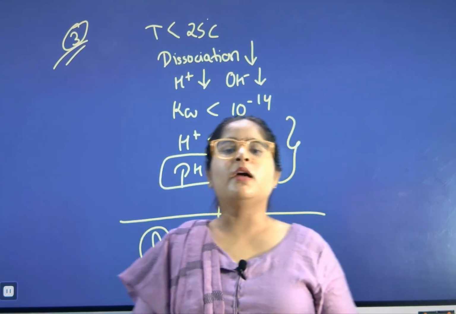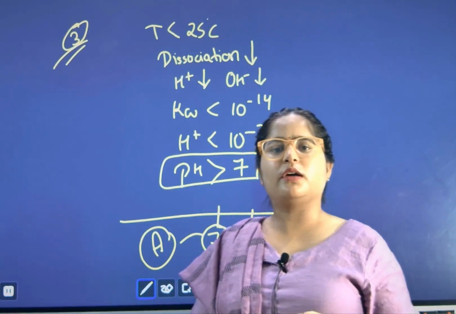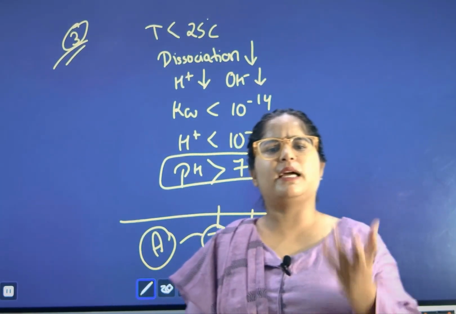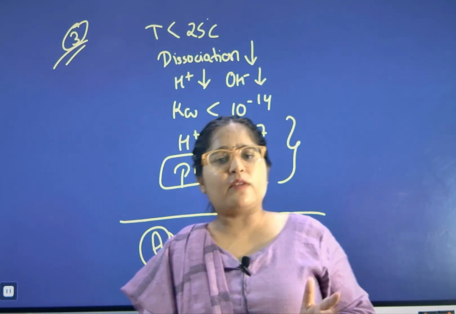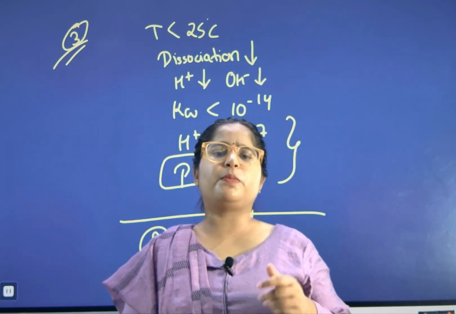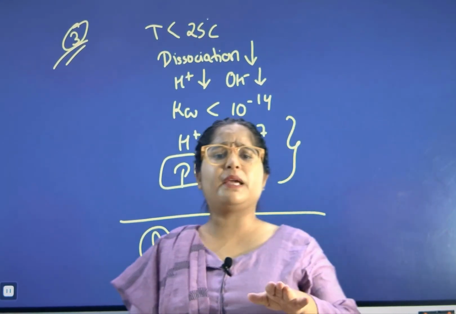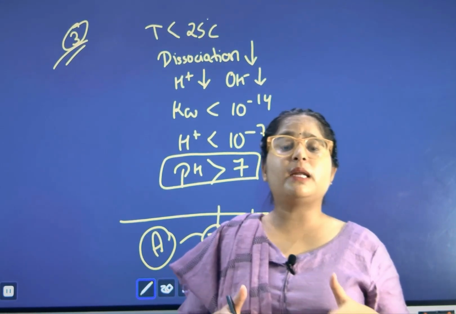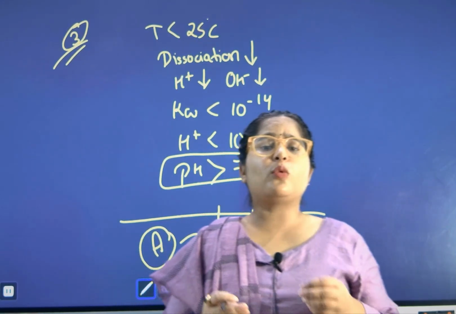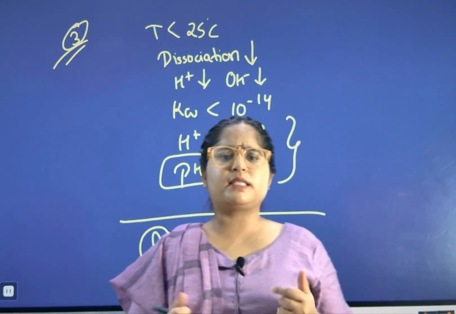When we increase the temperature, Kw increased, H+ increased, so pH decreased. So now the neutral point is less than 7. What does it mean? Let's say for example it is 6.8.